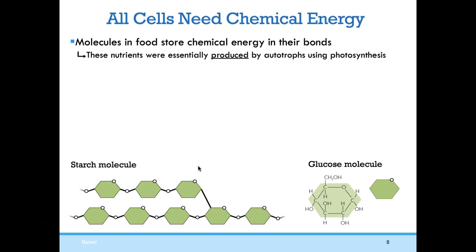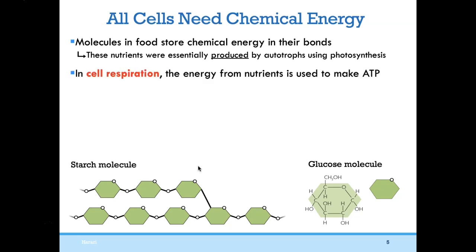The wheat is actually a fruit of the wheat plant. And of course, the wheat plant was using it to store energy, but we're going to use it to make bread. So the wheat plant did photosynthesis to take the energy from the sun and to store it into starch. We're going to eat the starch and then convert that starch chemical energy into ATP.